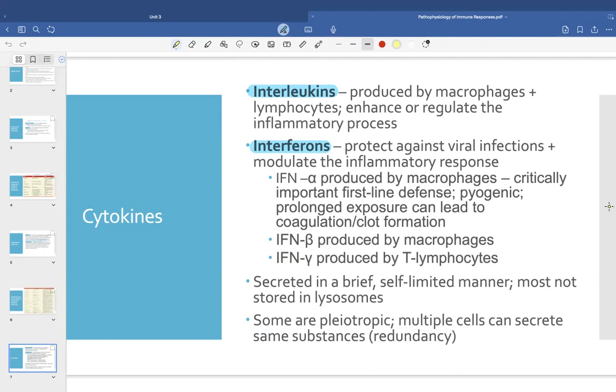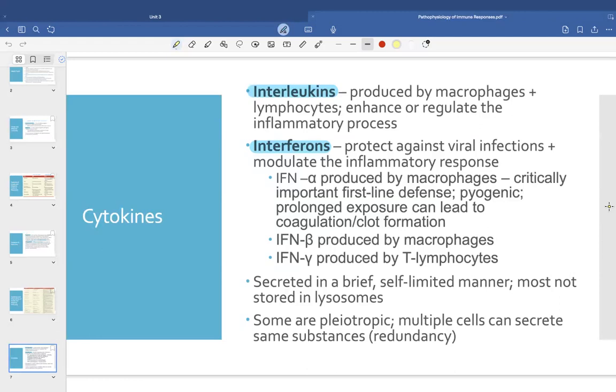And if it goes unchecked, or there's excessive amounts of interferon alpha, this is one of those triggers that can actually stimulate the beginning of DIC. So you've heard about DIC, you know what it is, but how do we get there?